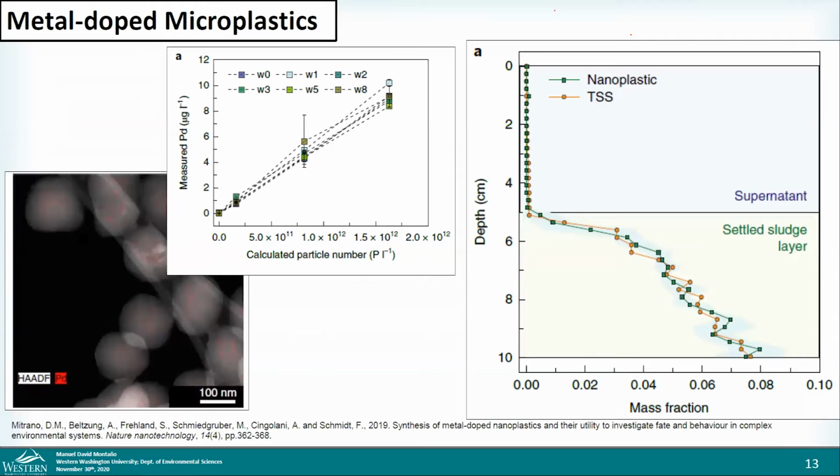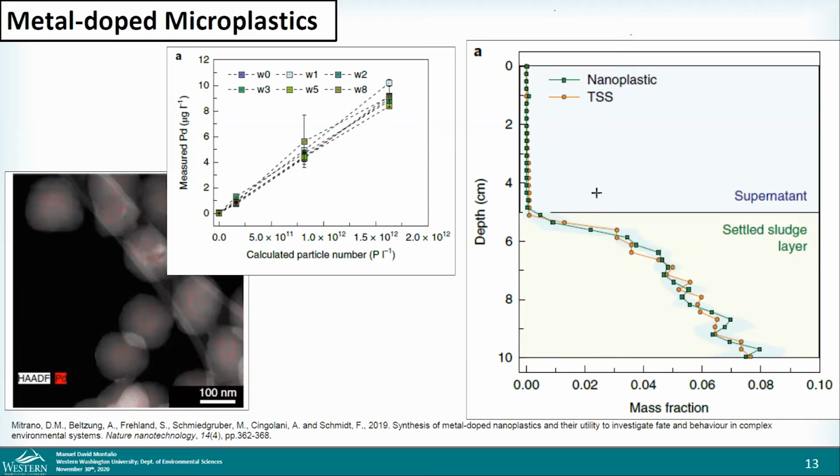It's kind of hard to see here, but you can see these little red dots inside the plastic correspond to palladium that is intercalated throughout the structure. And we can see that with the increasing particle number concentration of these particles, we see a commensurate increase in the palladium concentration. So we can use the palladium concentrations as a proxy for where the microplastics deposit.